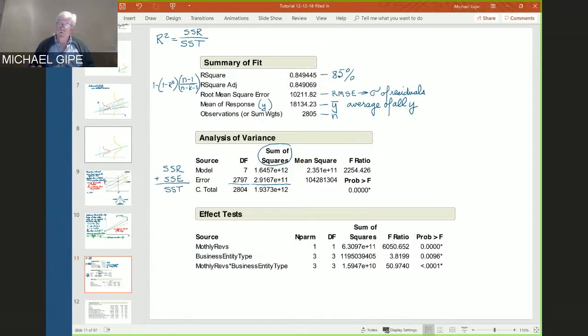So the next column over takes the sum of squares and calculates the mean of those sum of squares, which is kind of nice. So we're looking at sum of squares divided by degrees of freedom. And that allows us to look at F ratios. So this is also what we would call the whole F statistic.